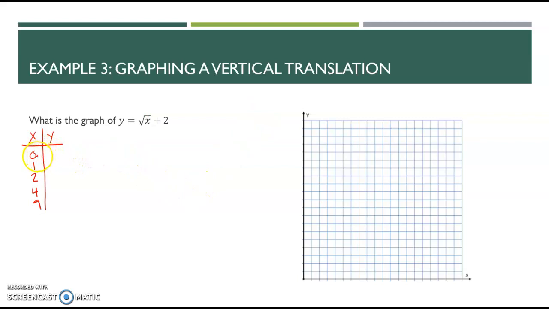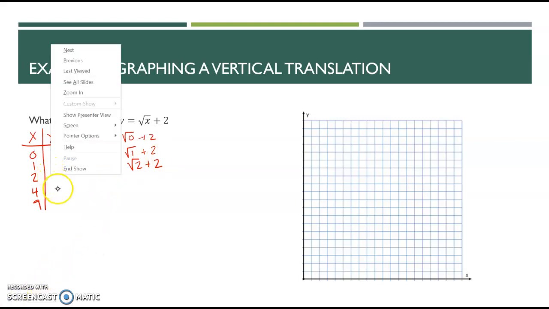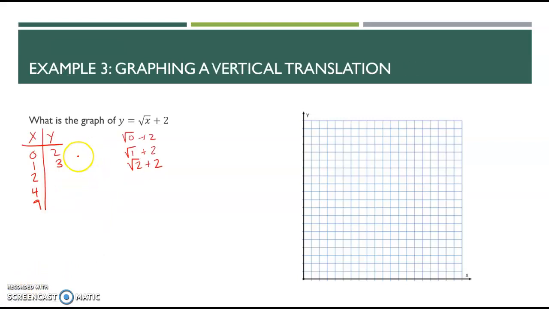So I'm going to plug these values in for x. We're going to have the square root of 0 plus 2, which is 2, the square root of 1 plus 2, which is 1 plus 2, which is 3. Square root of 2 is not a whole number. That gives us a decimal, and then that decimal plus 2, so when I plug in 2, square root of 2 plus 2 is approximately 3.4.